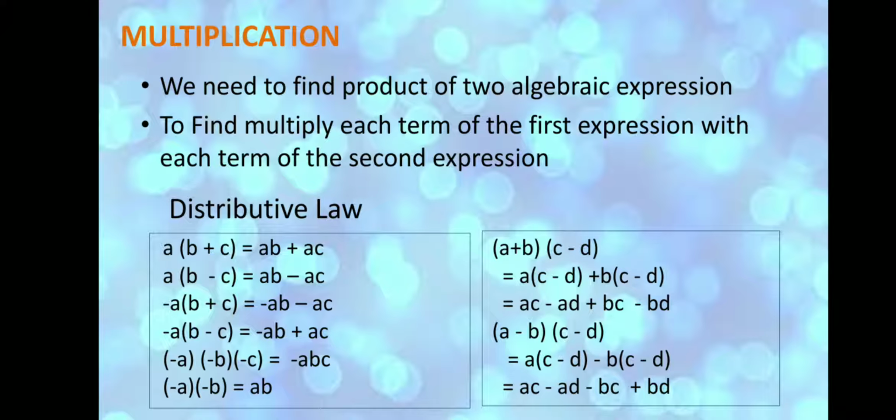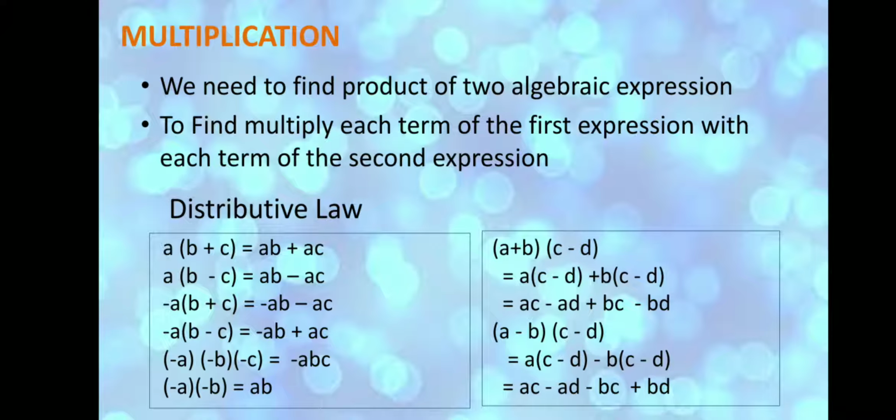And if you have any sum like (a minus b) into (c minus d), how will you solve it? You will multiply a into c minus a into d minus b into c minus b into minus d, which will give you the answer as ac minus ad minus bc plus bd.